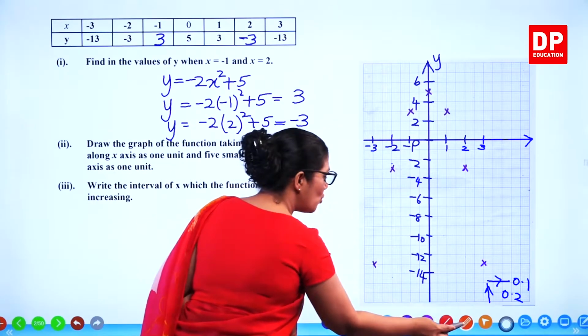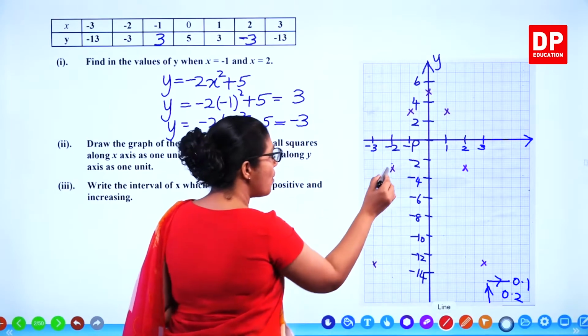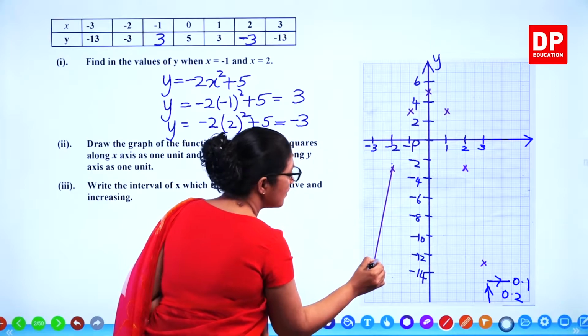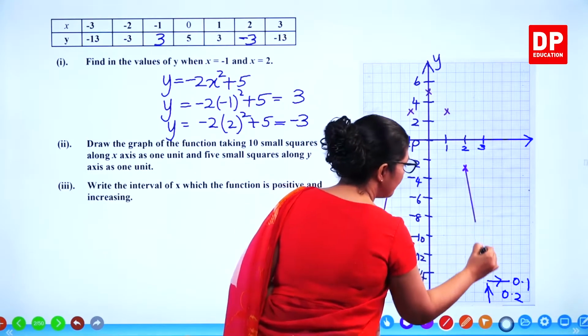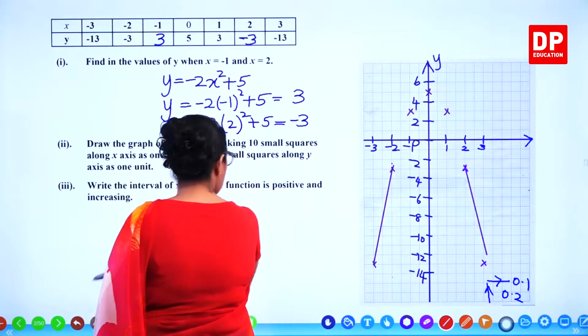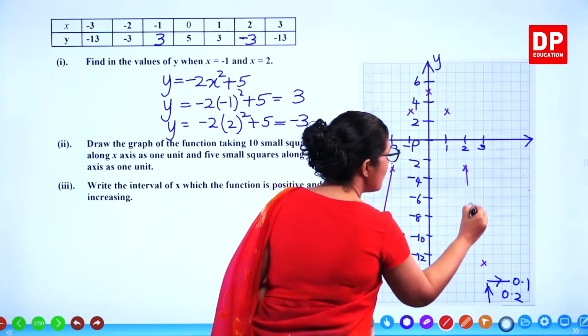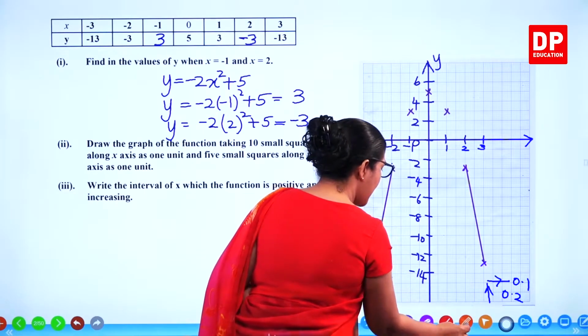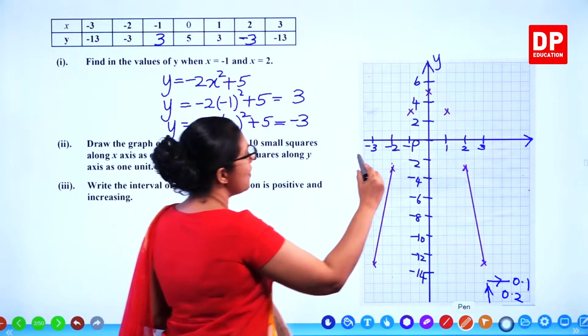Now you can smoothly connect. I'll take the ruler only to join the endpoints. Then I'll smoothly connect the other part.